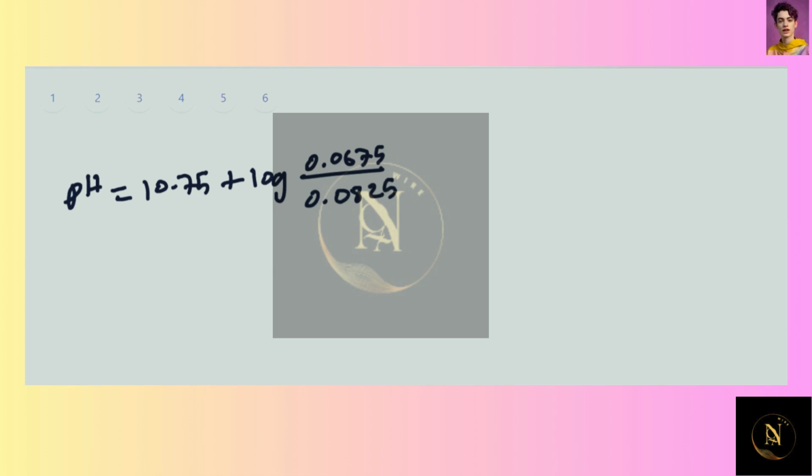So these are the new number of moles of base and acid after the addition of 0.010 mole HCl. Just solving this equation, we will have a pH value of 10.66. So this will be the final pH of the solution C after the addition of 0.010 mole HCl.